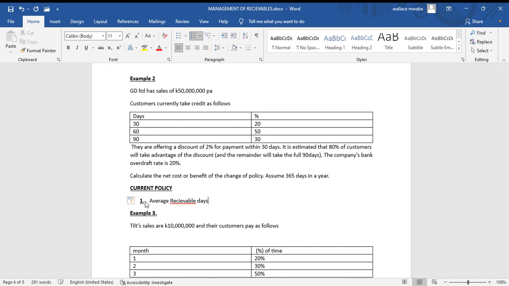What we're going to do is multiply 30 days times 20%, 60 days times 50%, and 90 days times 30%.